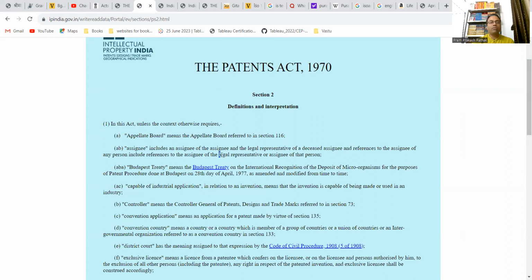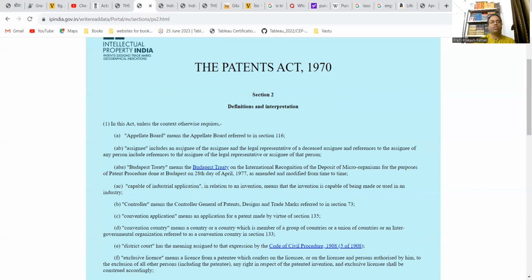That means the legal representative can also assign the patent to another person, or the assignee of that person. So in simple language, the one person who was first assigned is the assignee, his name is there. But if in future he assigns to someone else, they will also be called assignees.